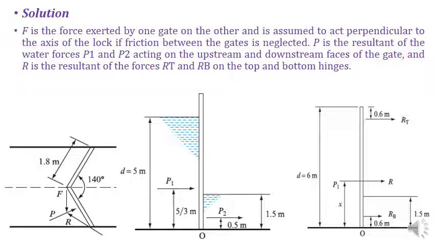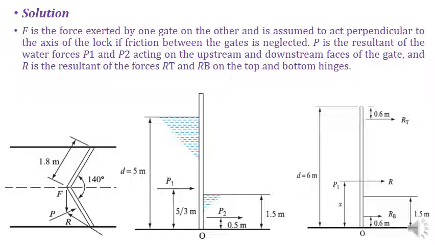So these forces can be determined in terms of F. That will be perpendicular to the axis at the connection point, where the connection of these two gates is. Here the horizontal axis is there. So this force is applied normal to this axis. That is the force exerted by one gate on the other.